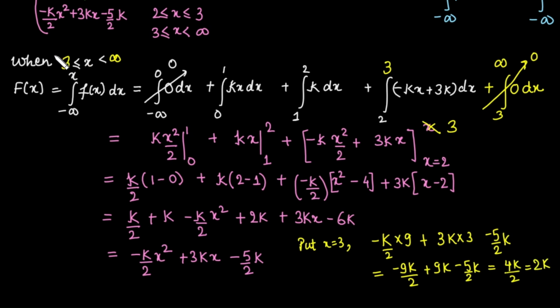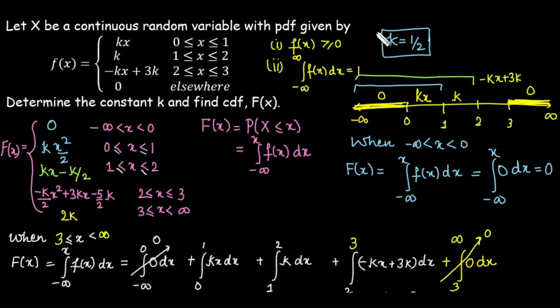So in form of k the answer is 2k, but what is the value of k? The value of k we have is 1 by 2. If you substitute k is equal to 1 by 2, the final answer we are getting here is 1. And final CDF value must be 1. Why? Because that defines the total probability and that is equal to 1. So replace here k with 1 by 2, that will give you the CDF corresponding to this function.